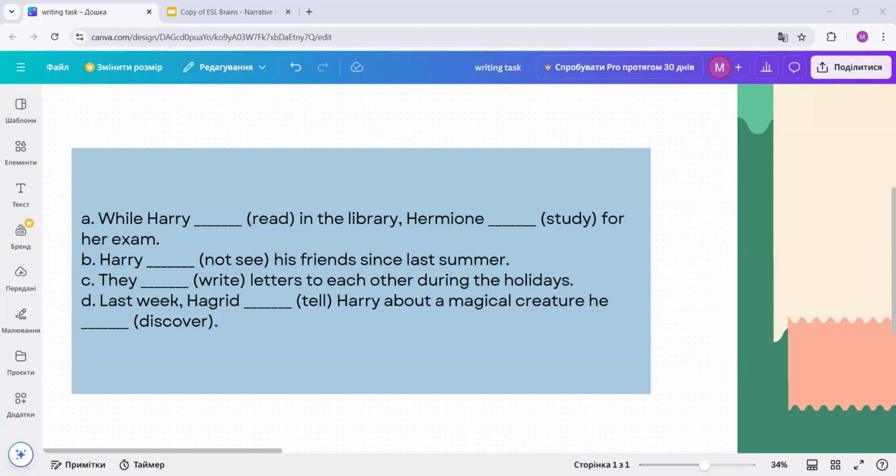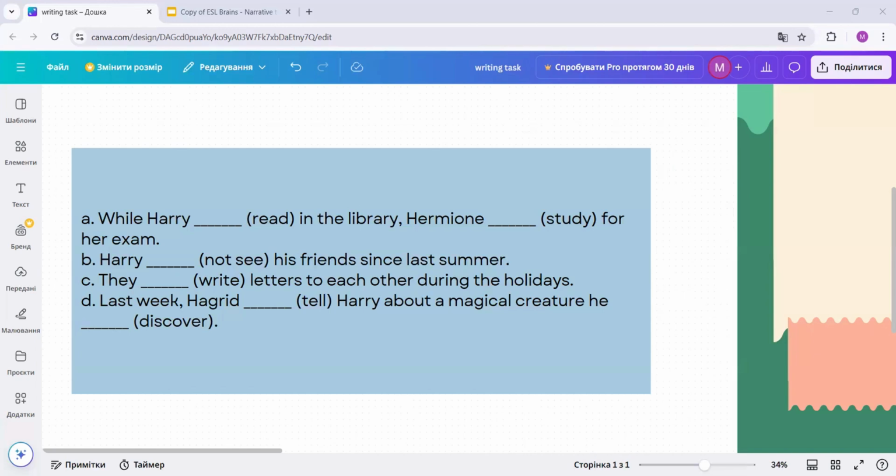So last week Hagrid was telling Harry about magical creatures he had discovered. Yes, correct. But let's once again think of the first part. When the second part is in the present perfect, the first part should be in past simple. So what should we do with the word tell? Change.